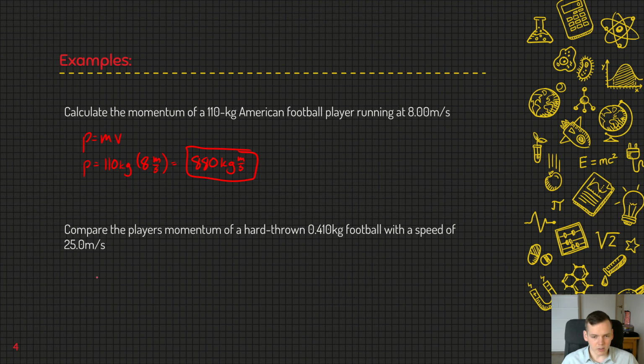Compare that to a hard-thrown football of 0.41 kilograms and a speed of 25 meters per second. So p is equal to m times v. p is equal to 0.410 kilograms, let me rewrite that so it's clean, times 25 meters per second.